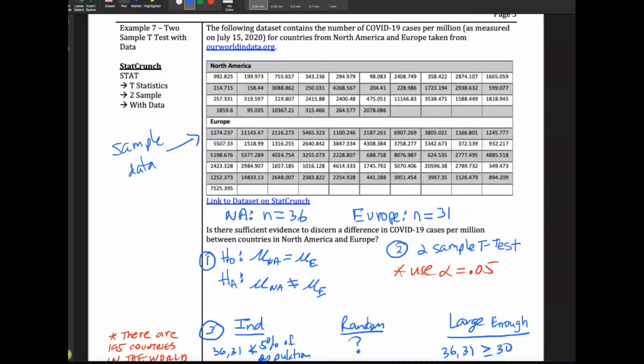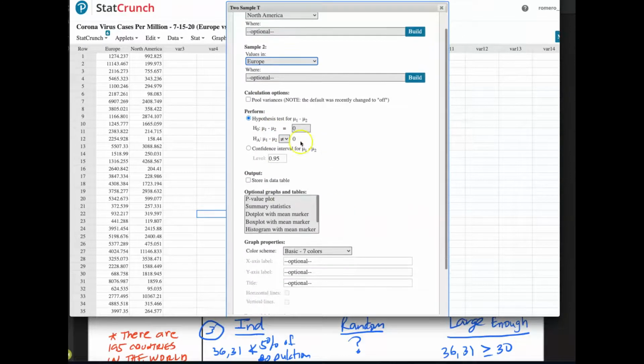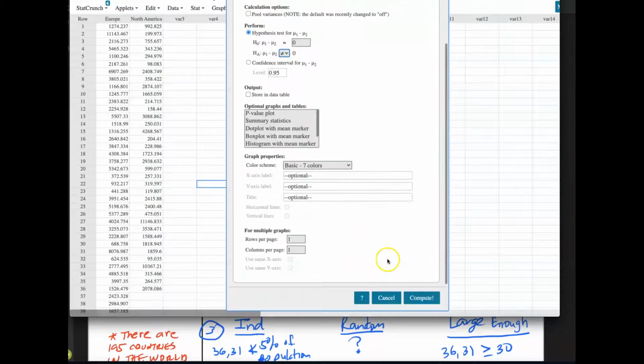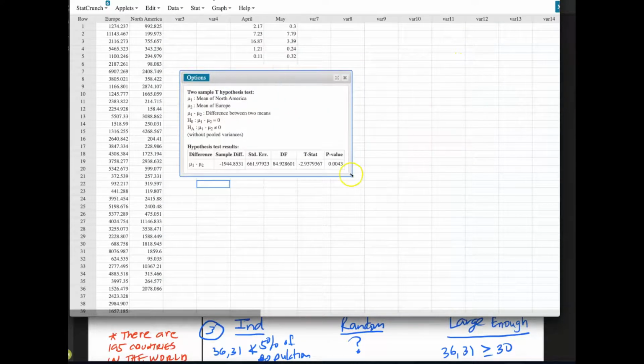So technically, we would go the other way because of how I wrote it on there. We wouldn't change the results, but we're going to put it in the right order because it's the first group minus the second group. And that's it. We're running the hypothesis not equal to, and then we run it like we've done before, and then you get those values.